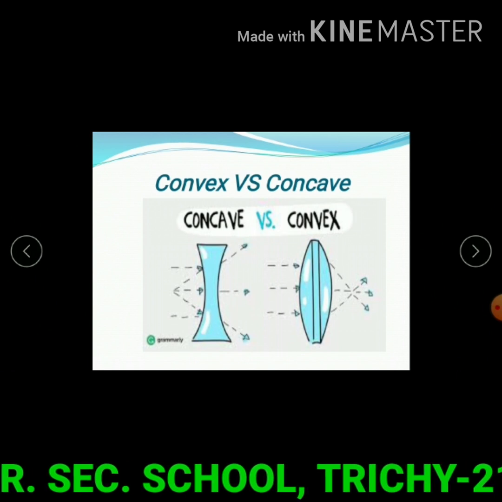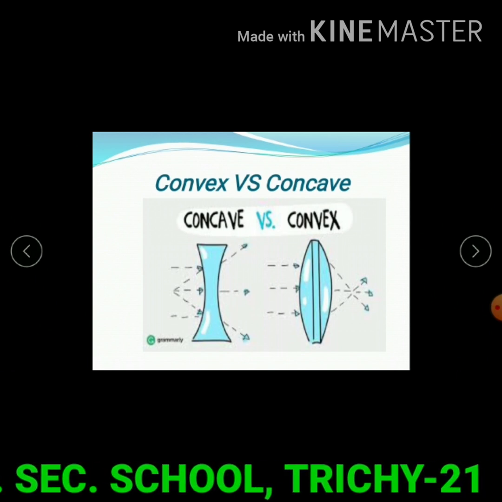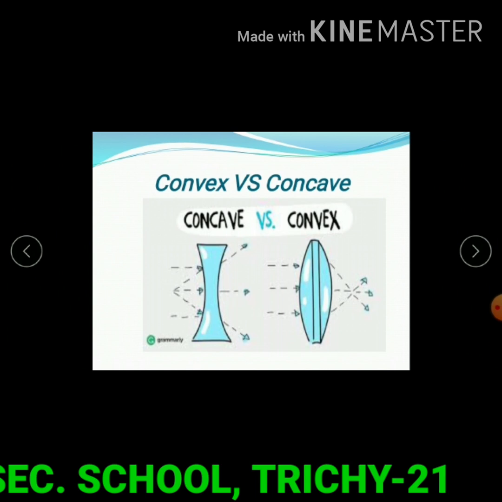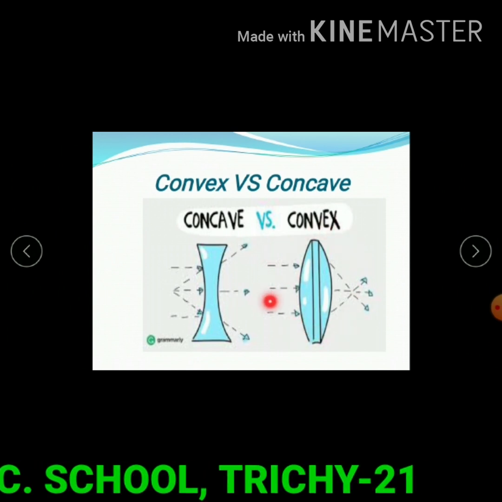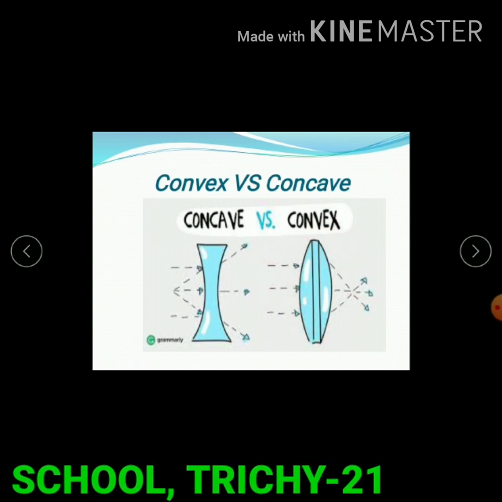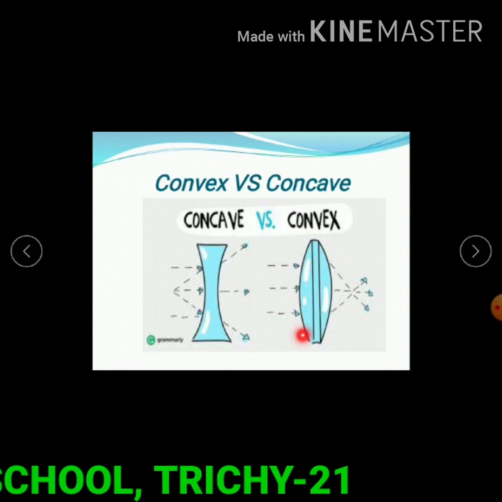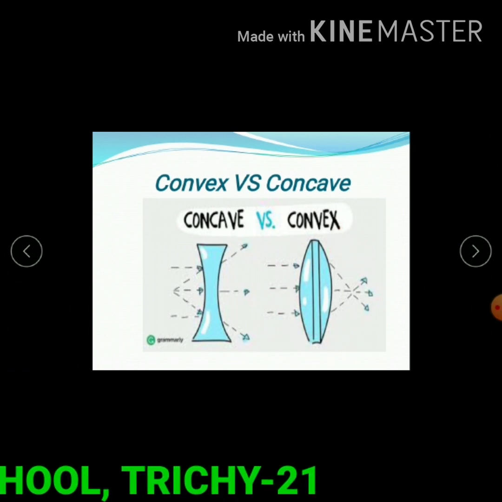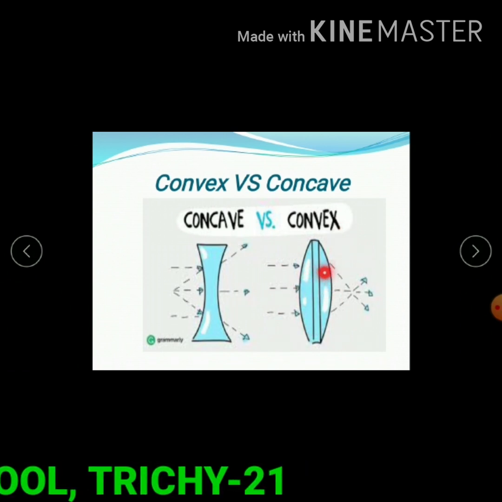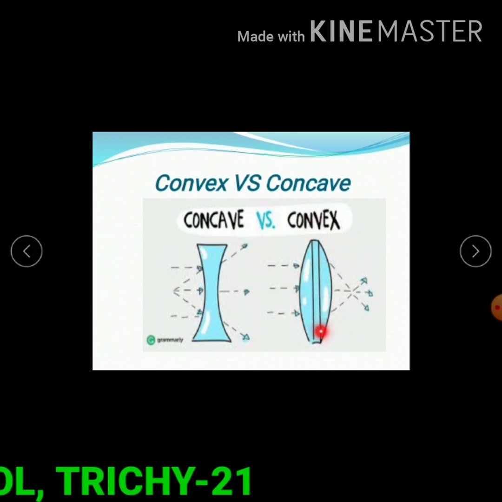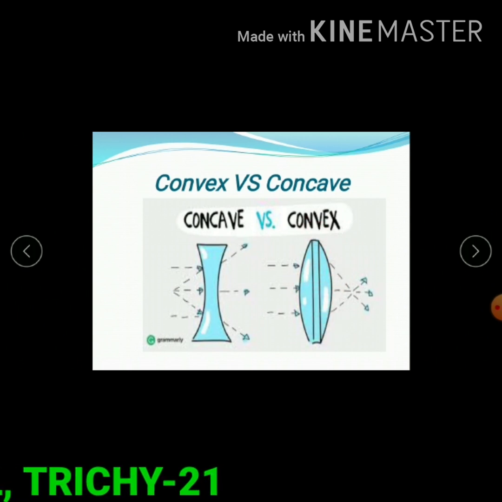Let us summarize convex and concave. A convex lens is bounded by two spherical surfaces, so it is also known as biconvex. The middle of the lens is thicker than at the edges. When a beam of light passes through it, it converges all the light rays to a point, so it is called a converging lens.